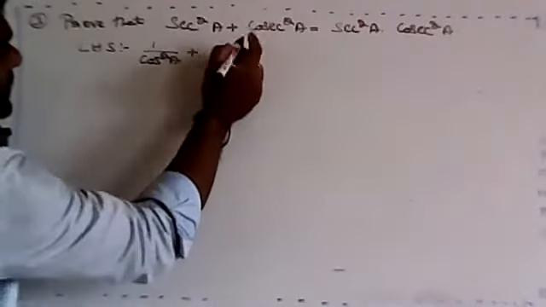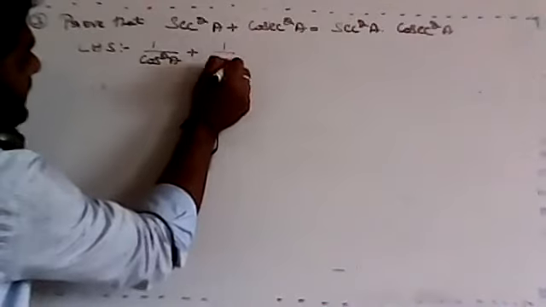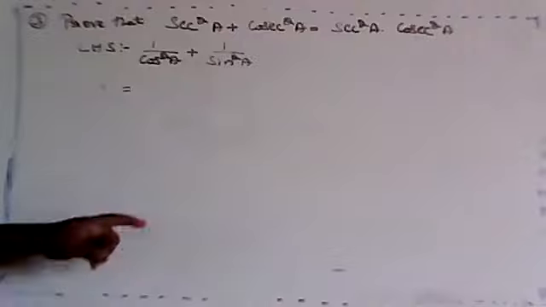So LHS side, secant square we write as 1 by cos square of A, plus cosecant square we write as 1 by sin square of A. Now you can take the LCM. Okay, reciprocal LCM, good Anirudh.